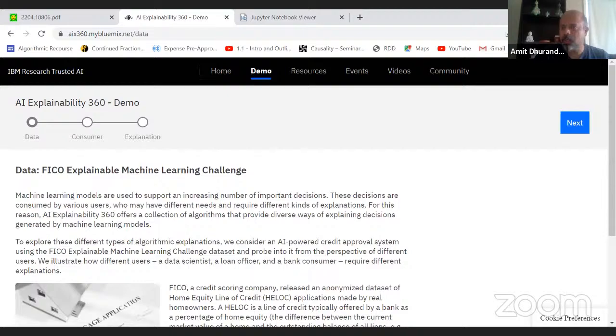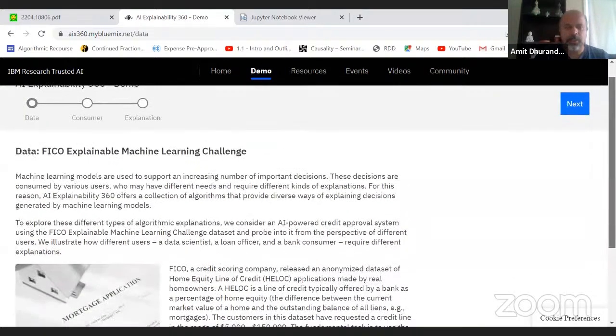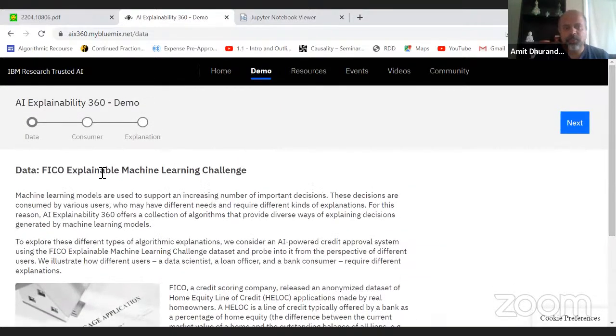So there's one quick demo I can show you just to get an idea. This was a challenge run by FICO a few years back called the FICO Explainability Challenge. The goal was they gave a data set with different kinds of risk factors for HELOC loans, that is home equity line of credit. It had different individuals, showing their financial health, and whether a loan to them was approved or denied.